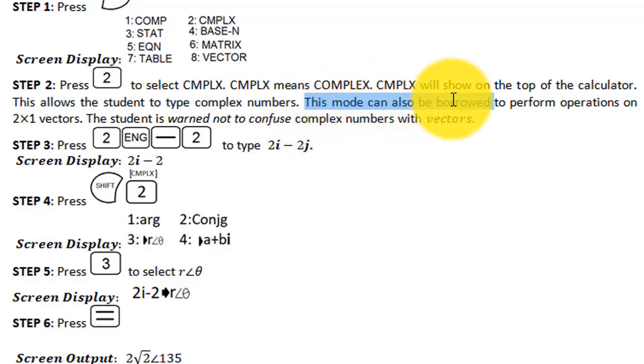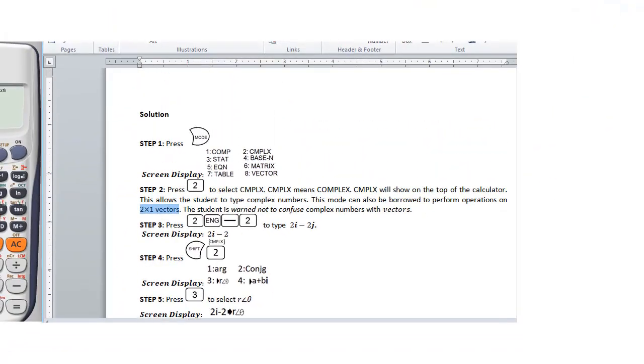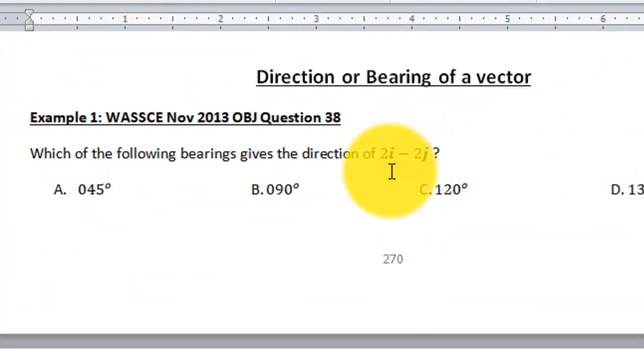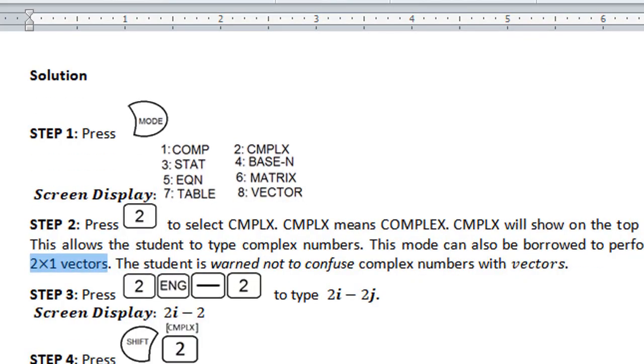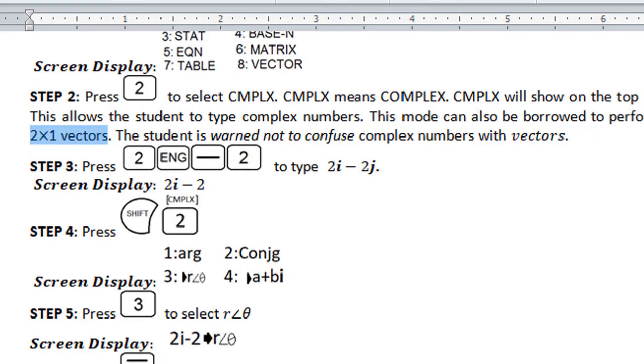This mode can also be borrowed to perform operations on 2x1 vectors. Of course, the vector we are dealing with is a 2x1 vector, that is 2i minus 2j. So we can also use the complex mode to solve questions involving 2x1 vectors. This is an innovative technique that we can use. The student is warned not to confuse complex numbers with vectors.